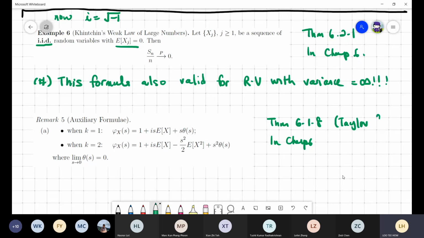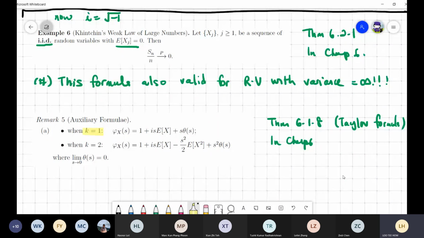As I say, the general expression for this Taylor formula is not stated over here. You may refer to the lecture notes in chapter 6 to look at the full expression for the formula. However, I only look at two special cases, the formula for k equals 1 and k equals 2.